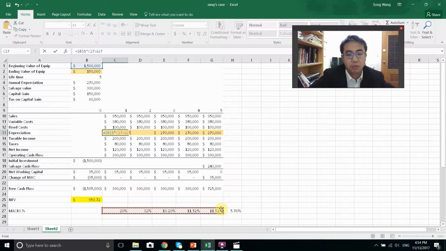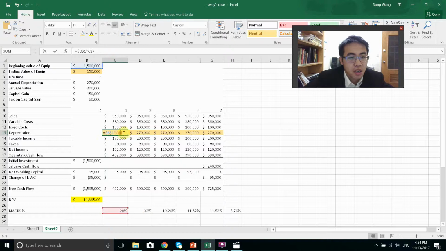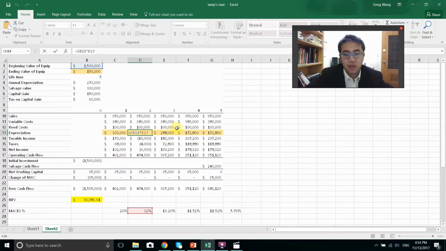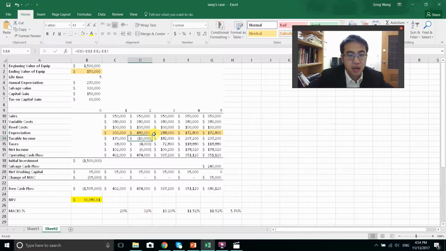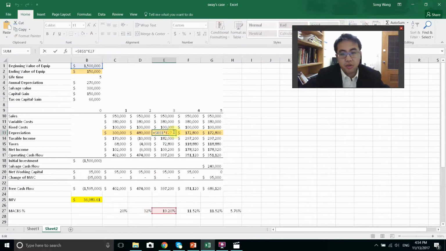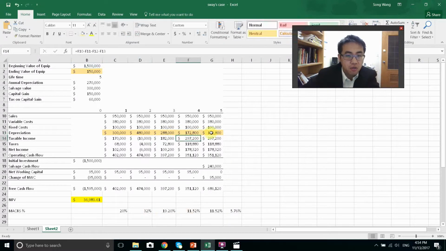So to get the annual depreciation in dollar figures, the first year, the depreciation is $300,000. And then I drag it, it accelerates to $480,000, then the third year is $288,000, and so on and so forth.